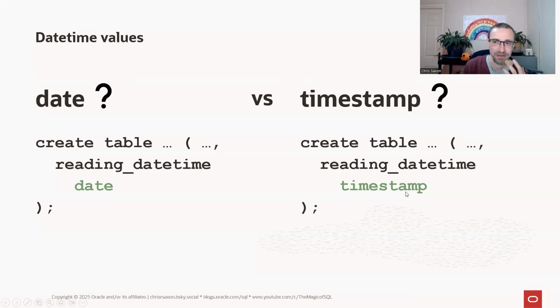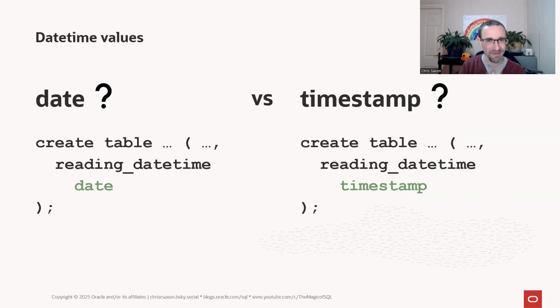So at this point, let us know what you think. What are the arguments for or against using a date or using a timestamp to store the date time that we get this sensor information? Basically, we're going to collect it all in, we'll store in the database what time that reading was actually made, and we need to decide whether it's a date or a timestamp.